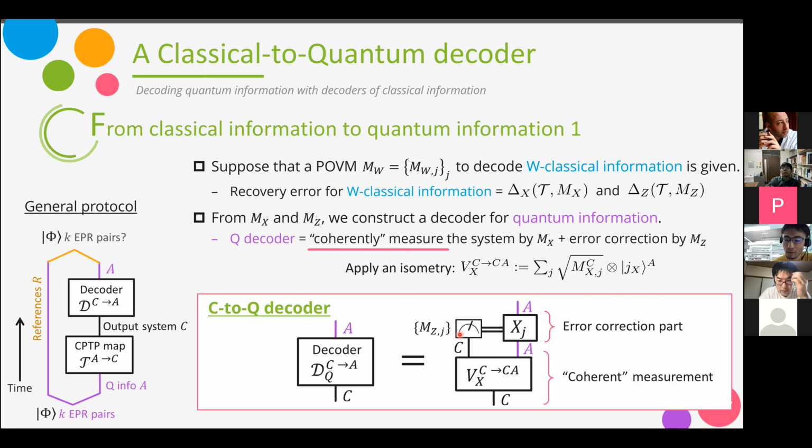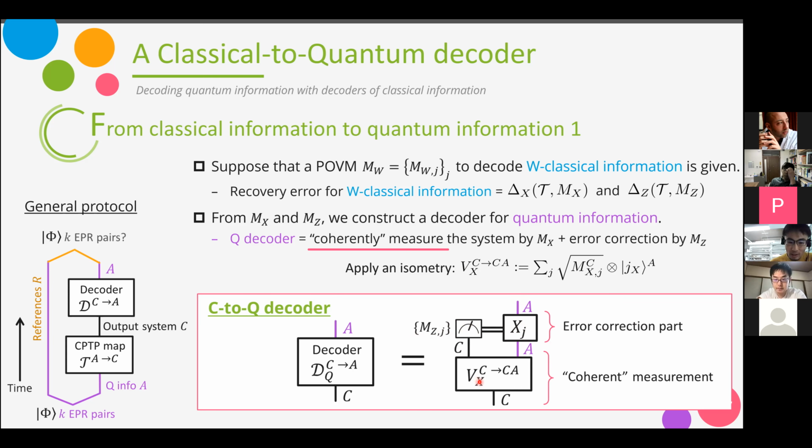Depending on the outcome of this measurement, we apply some error correction onto system A. This error correction is just the application of Pauli operators, so it's a very simple operation. Finally, the output system is only A, and the system C is already dead because it is measured.